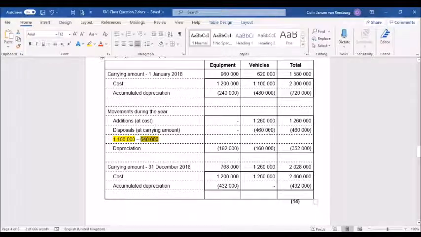It just so happened, if you remember from the question, that the new vehicle coincidentally was acquired on the very last day of the financial year, so they haven't provided depreciation on that vehicle yet, and that was also the only vehicle that they had at the end of the year.